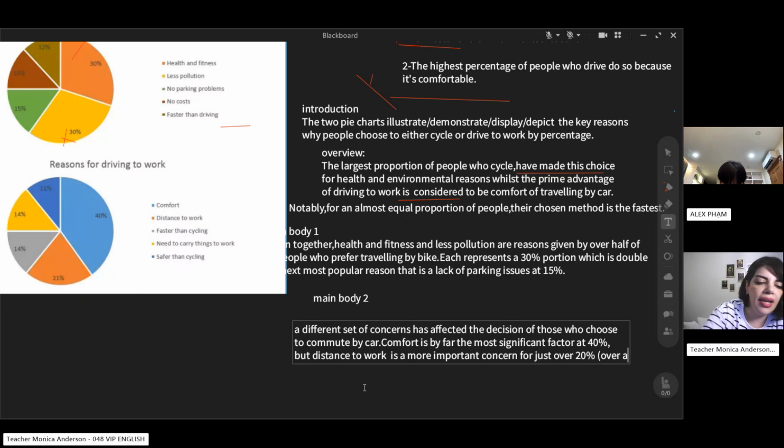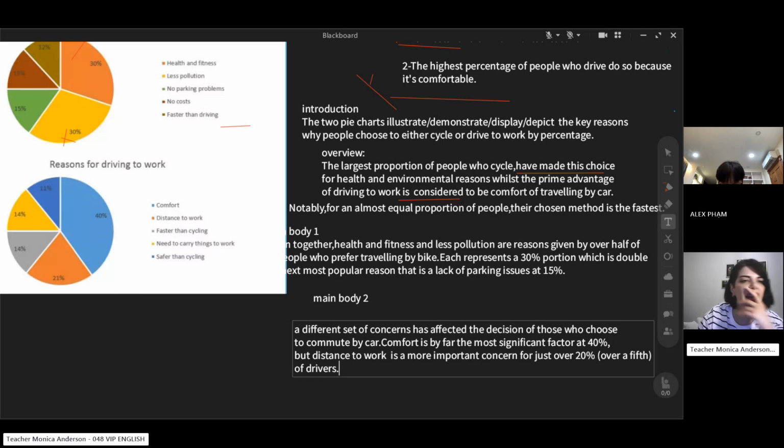Over a fifth means 20% of drivers. So the first one, the second.